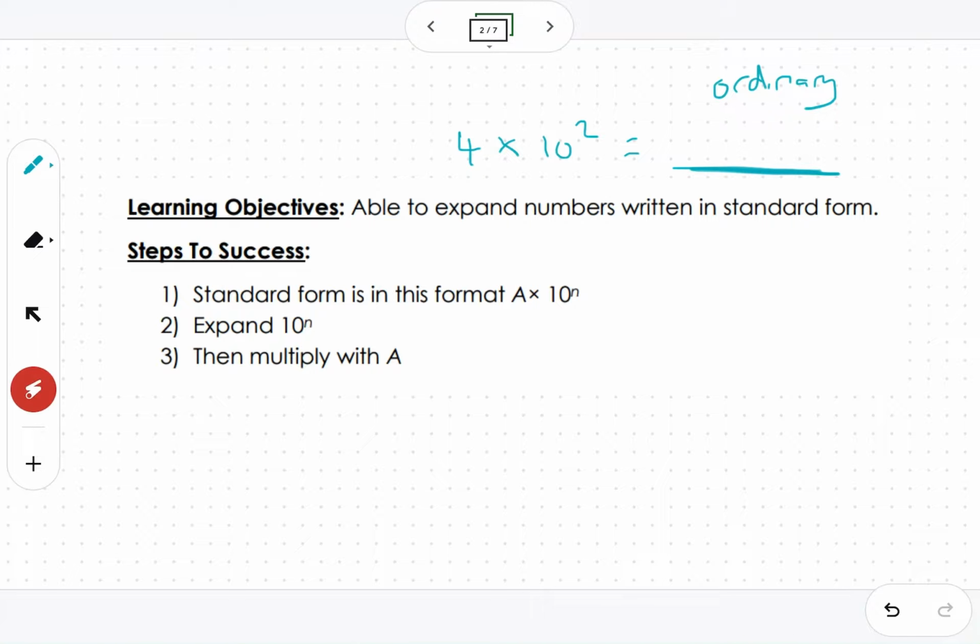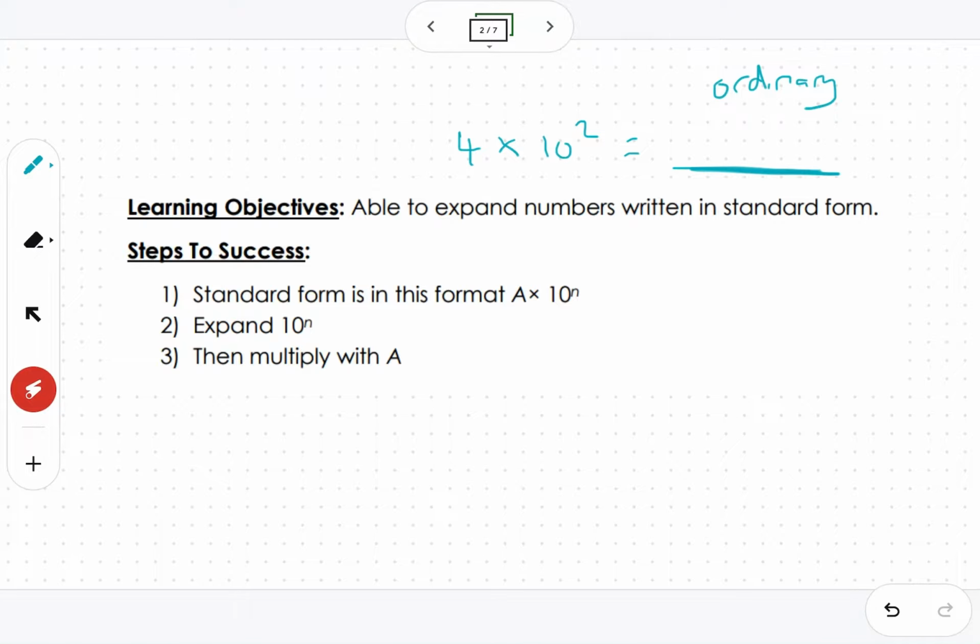So the steps to success: step number one, standard form is in this format, so you have to remember it. Now we want to turn this into an ordinary number. Step number 2, expand the 10 power n.